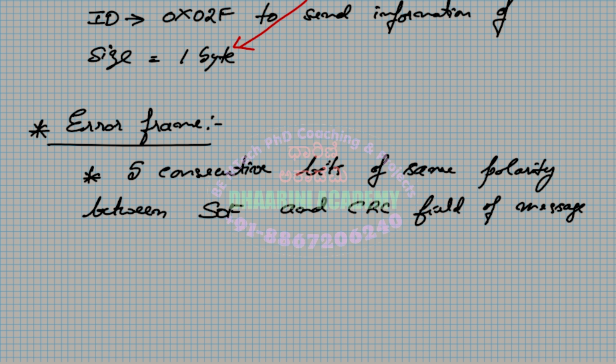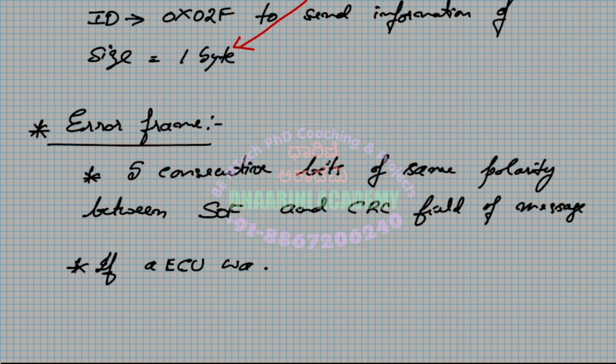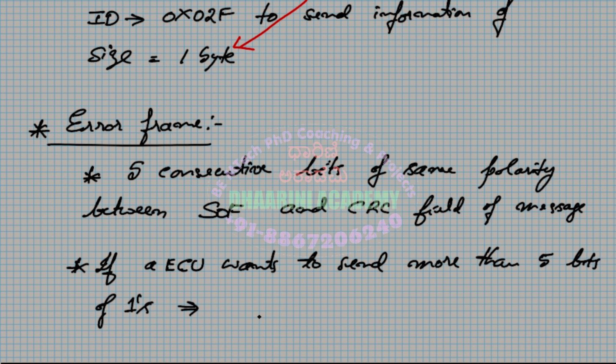But as of now, just remember one point: if an ECU wants to send more than 5 bits of ones, it has to follow a concept called bit stuffing.